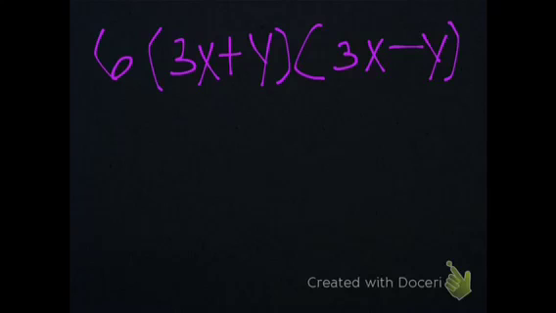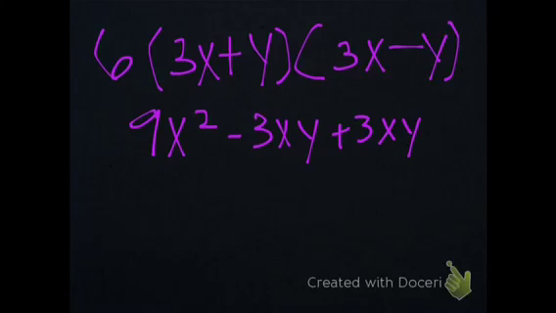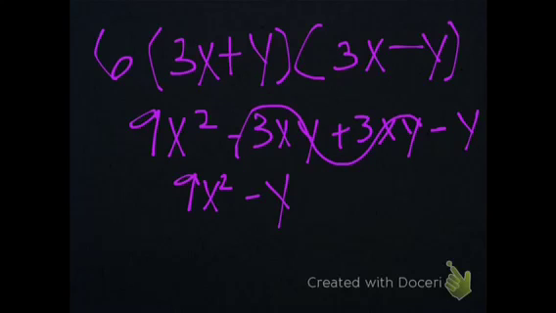So we're going to do 3x times 3x, which is 9x squared. 3x times negative y is negative 3xy. Positive y times 3x equals plus 3xy. And a negative y times a positive y equals a negative y squared. So that will be 9x squared, subtract y squared, because this right here cancels out since you have one positive and one negative sign.